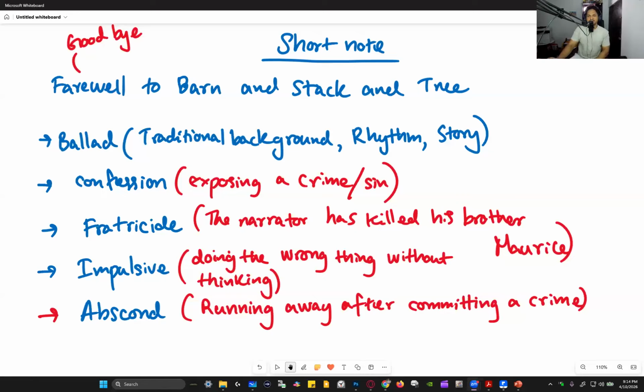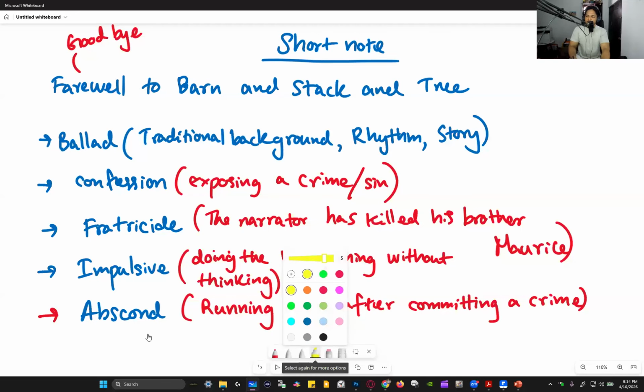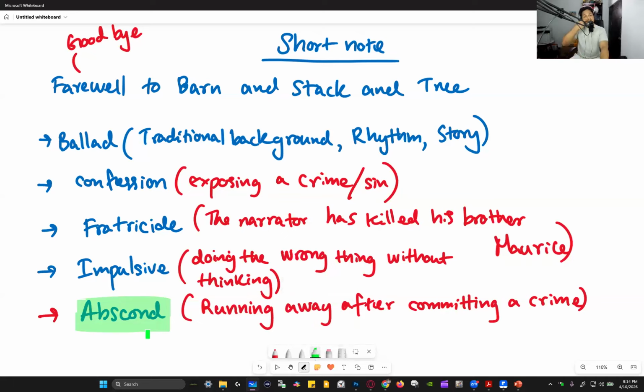These are all in-syllabus words. Confession, ballad, impulsive, abscond and fratricide are my words. But the other words, you must use heavy words, Amina. Only then will you get full marks.